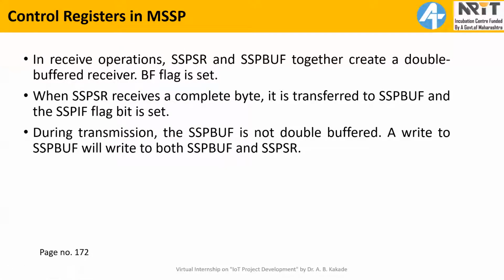In transmission mode, data is shifted out of this register. In receiving mode, data is shifted in. And when SSPSR receives a complete byte consisting of 8 bits, it is transferred to the SSP buffer register and the flag bit is set. So the SSPSR register is used in both transmission as well as reception.